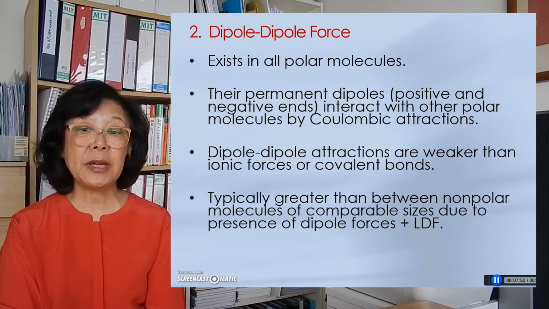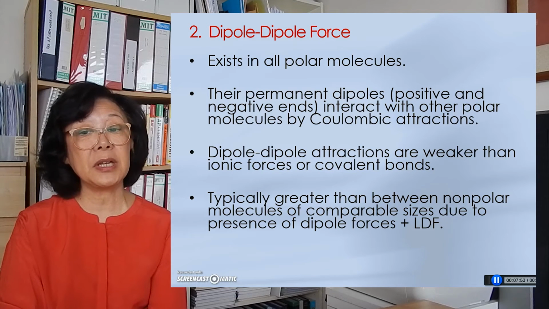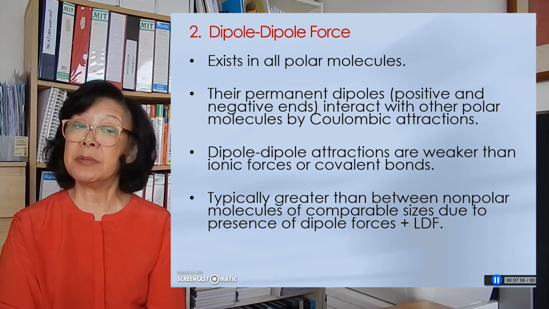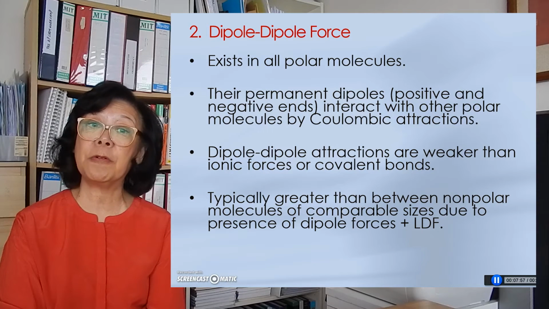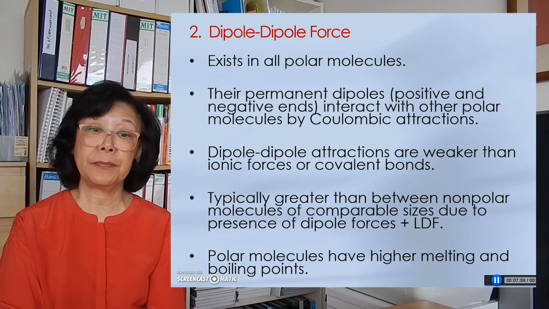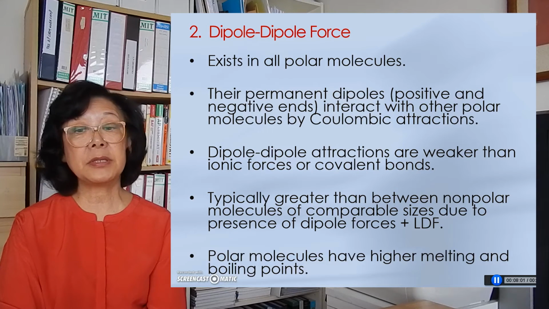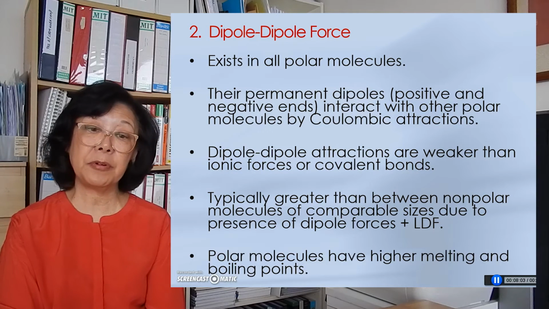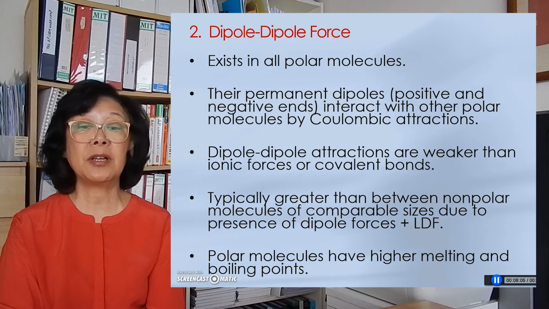Typically, it is greater than between nonpolar molecules that exhibit LDF, because in polar molecules you have the dipole-dipole forces plus LDF. Polar molecules therefore have higher melting points and boiling points than the nonpolar molecules.